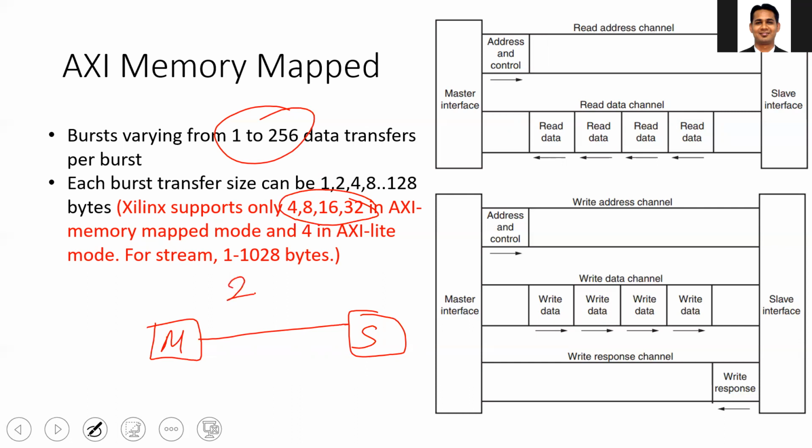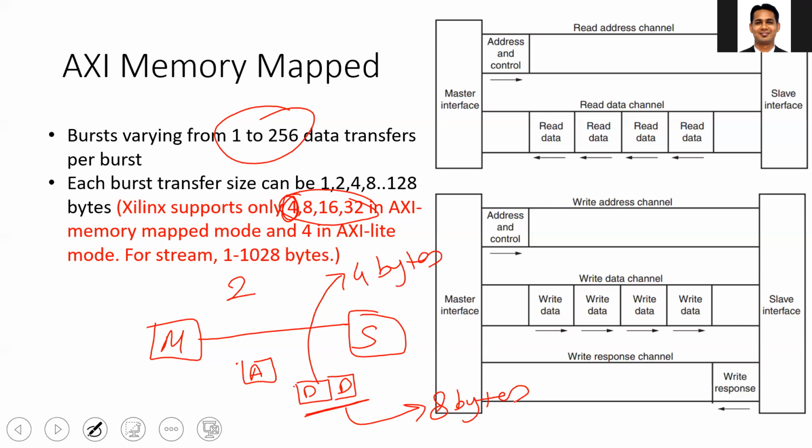That means for every address I'll have 2 sets of data, and the transfer size is fixed to say 4 bytes. So each transfer is equal to 4 bytes, and the total will be equal to 8 bytes.